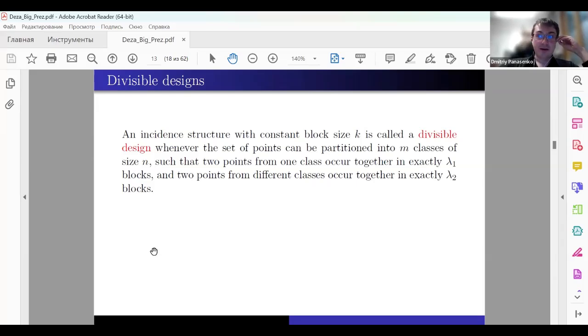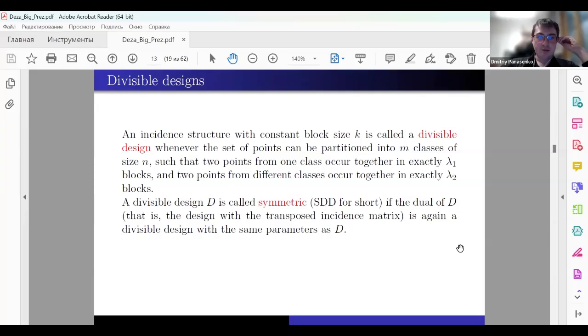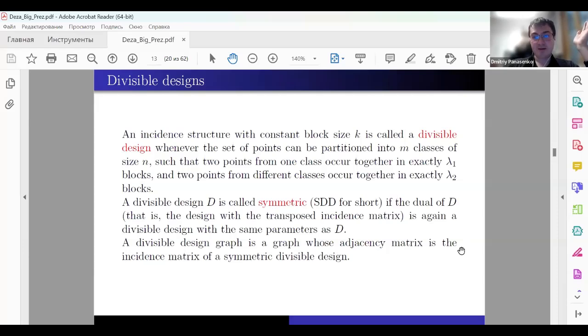It is very close to the definition of a divisible design graph, and we just multiply m by n to get v. We call this divisible design symmetric if the dual of this design, that is the design with the transposed incidence matrix, is once again a divisible design with the same parameters. And a divisible design graph is a graph whose adjacency matrix is the incidence matrix of a symmetric divisible design. That's how DDGs are connected to design theory and how they arise from designs.